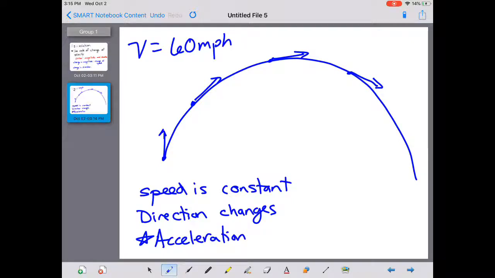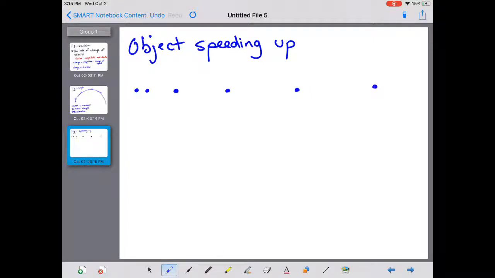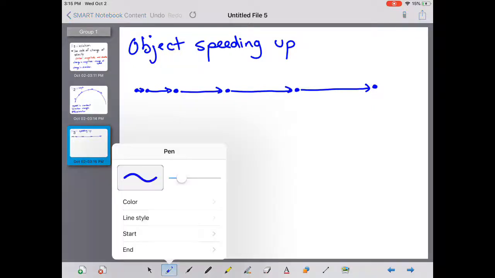So let's look at this in terms of motion mapping. If I have an object that is speeding up, in our motion map the dots are going to get progressively further and further apart. As those dots get further and further apart, the reason for that is because we're experiencing an acceleration.